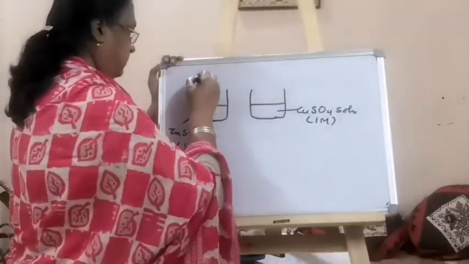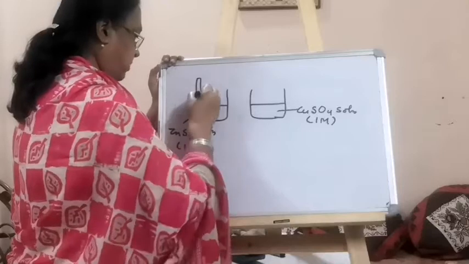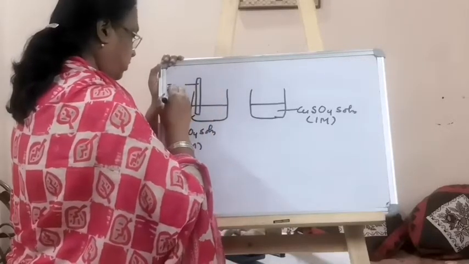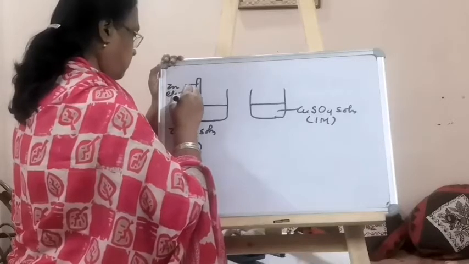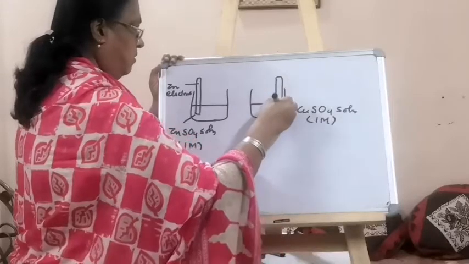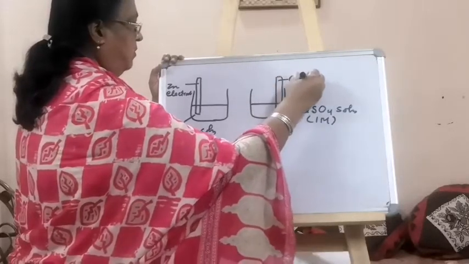And there is a zinc rod, this is the zinc electrode, and here we have the copper electrode.